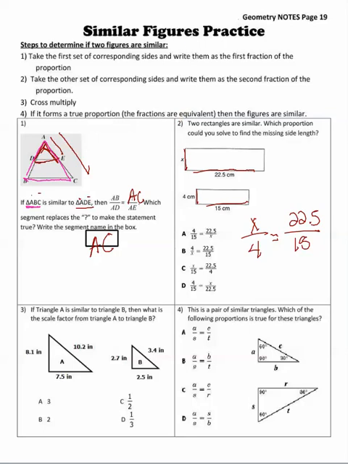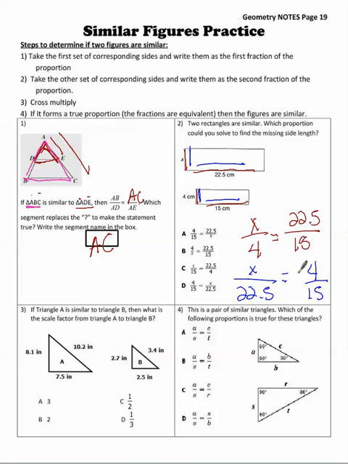In the first one, A, it says 4 over 15. So if I went denominator to denominator, 4 over 15 equals, actually let's backtrack for 2 seconds. So you could set up the proportion this way, or you could set it up a second way. You could say as well x over 22.5, the large figure, equal to 4 over 15, the smaller figure.